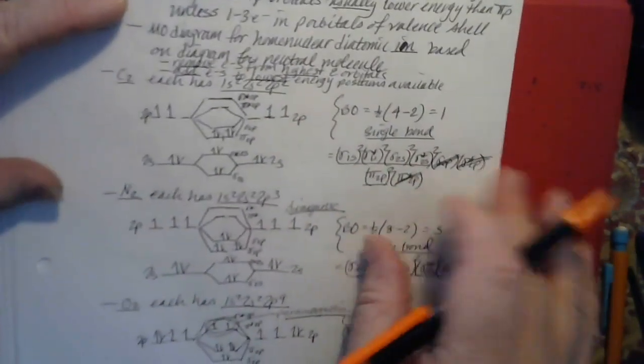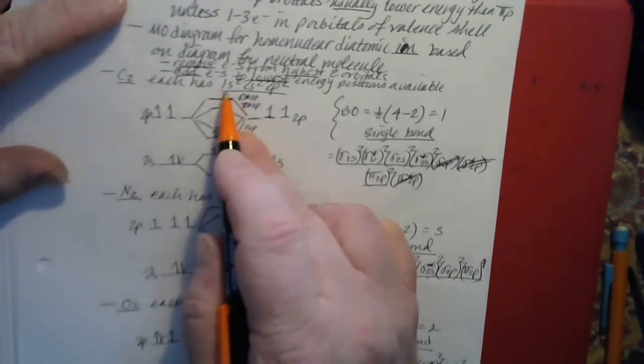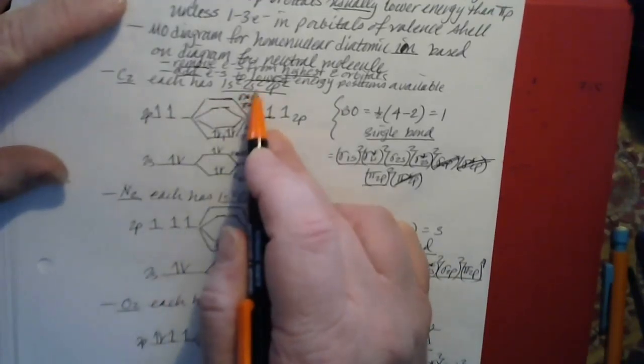Okay. So looking at C2, or diatomic carbon. Each carbon has an electron configuration of 1s2, 2s2, 2p2. We're only concerned here with the valence shell. So if we look at the s atomic orbitals, each s atomic orbital for the valence shell has 2 electrons in it.